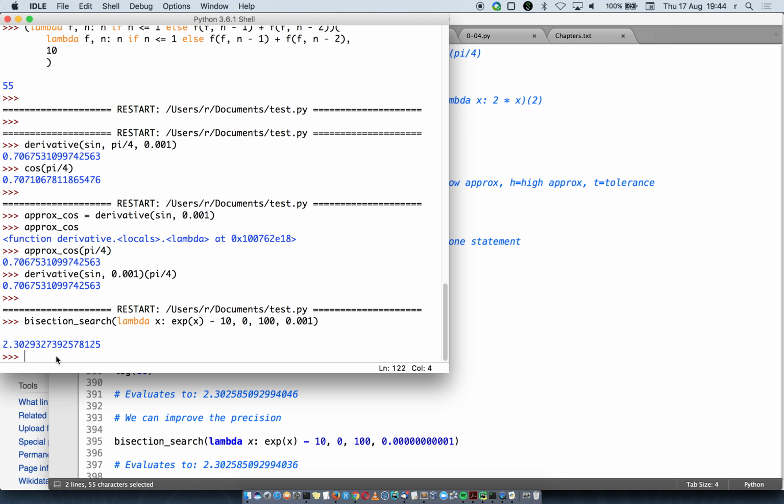Right? And this is the solution. We can check whether this is true, right? So I can take this function and apply it to this value.